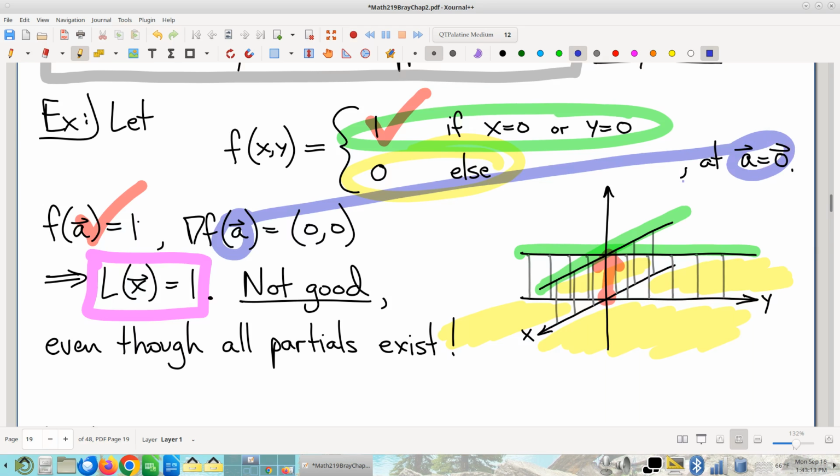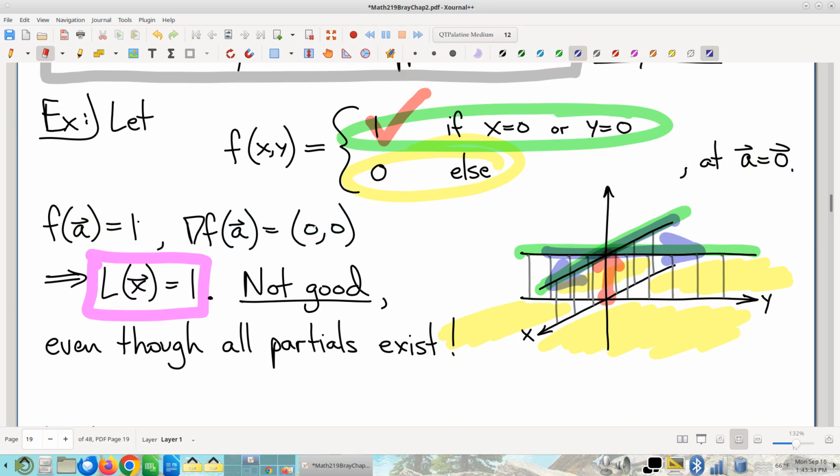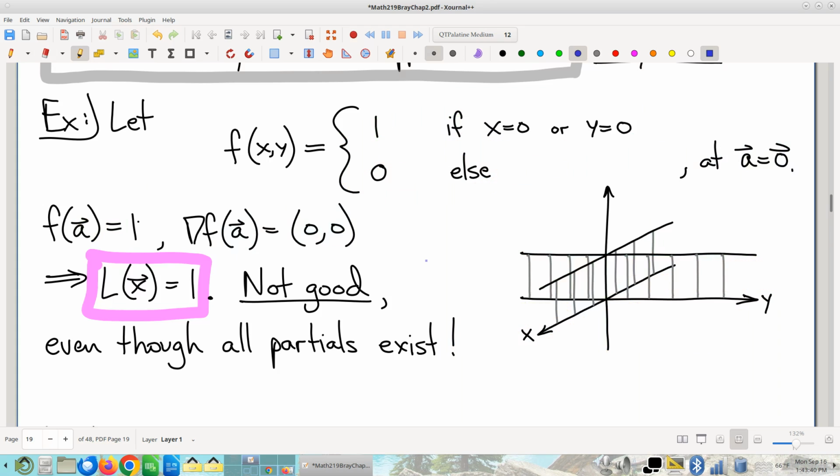At the origin, the partial derivatives are 0 because you can see it's not changing at all as you go in the y direction, and it's not changing at all as you go in the x direction. So those partial derivatives are 0. And then you plug that into our previous formula for linear approximations, and as I said before, that linear approximation is just 1.